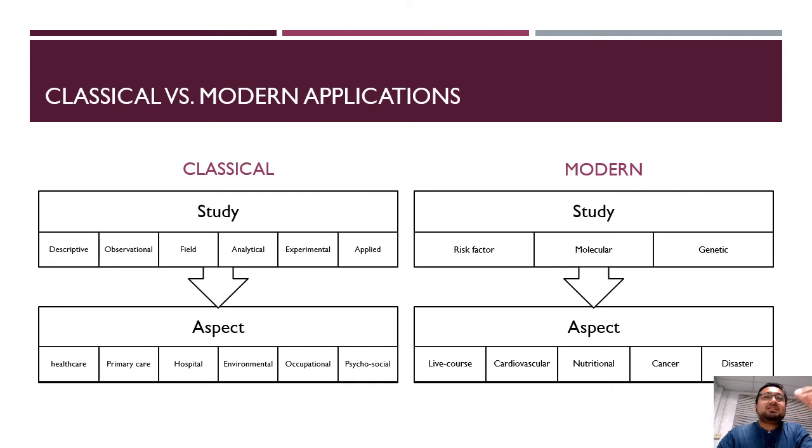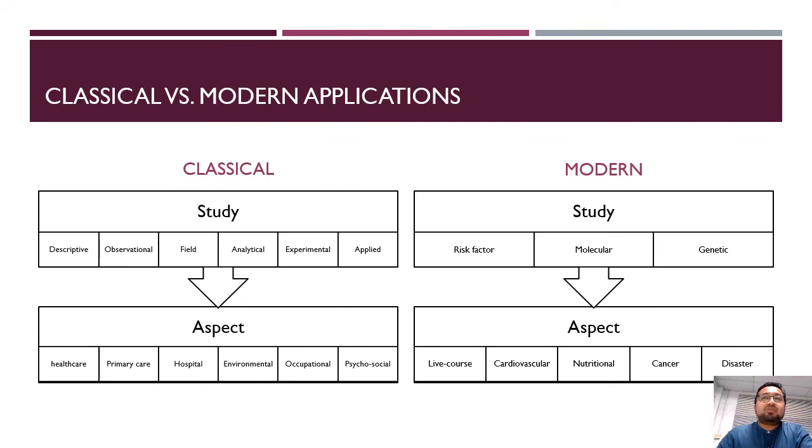From the classical, dia lebih kepada surface, ataupun general sahaja, where they study about descriptive, observational, field, analytical, experimental, applied. Aspect dia healthcare, primary care, hospital, environment, occupational, psychosocial, right? It's not very specific, pembahagian dia tidak secara mendalam, sebabkan banyak faktor dengan development teknologi dan sebagainya, right?